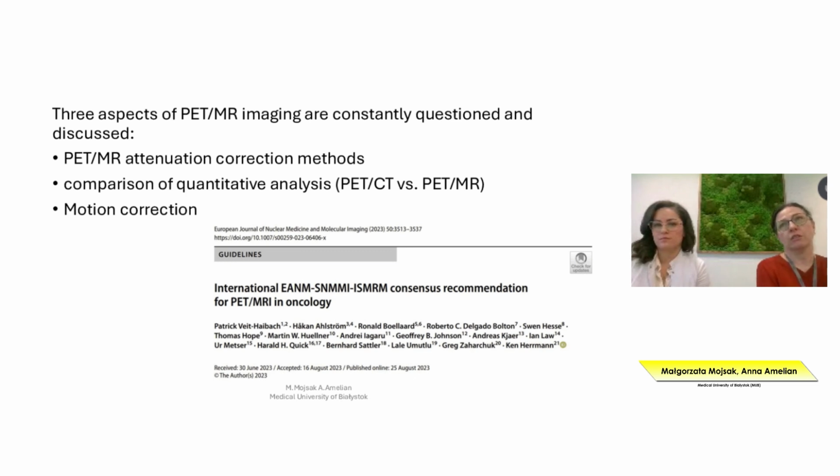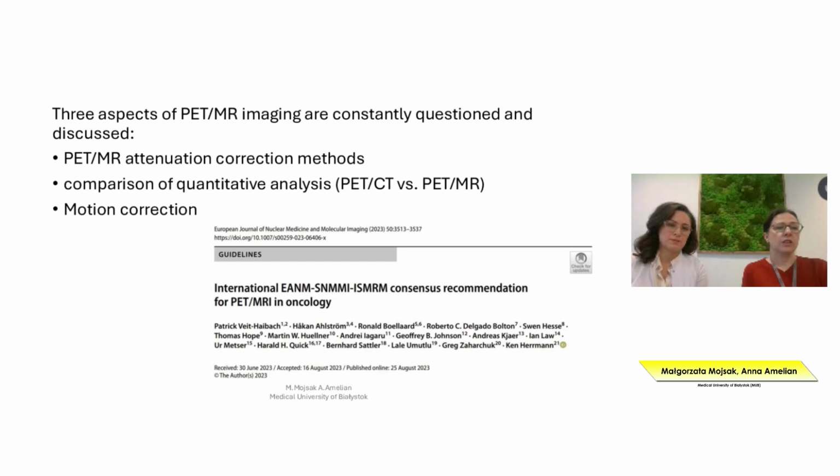So actually, there were three aspects of PET-MR imaging that are constantly questioned and discussed. As I said, it is PET-MR attenuation correction and the comparison of quantitative analysis between PET-CT and PET-MR that might be problematic.